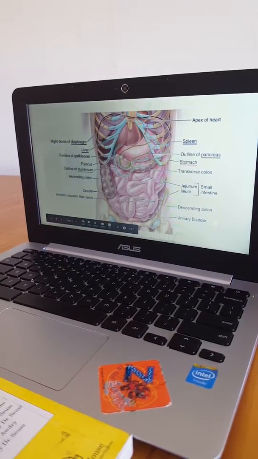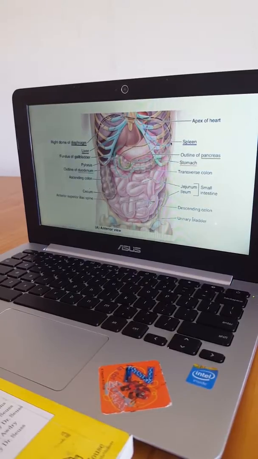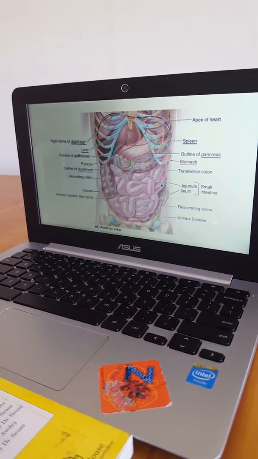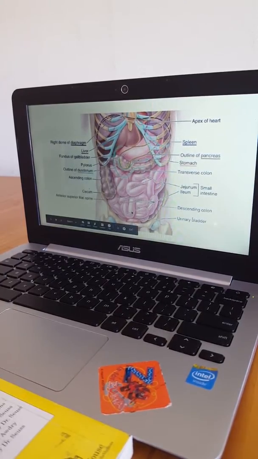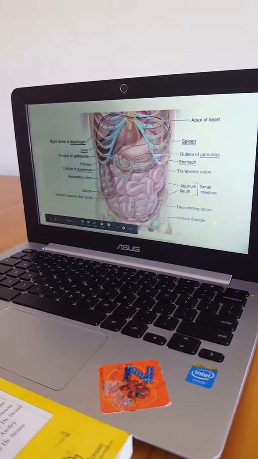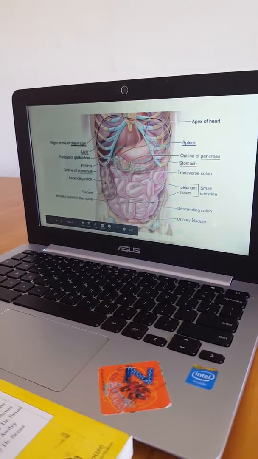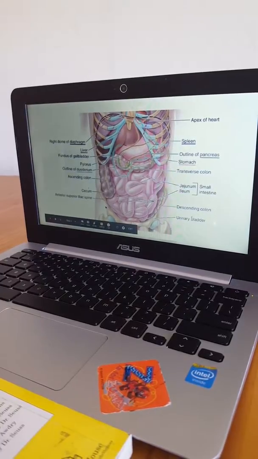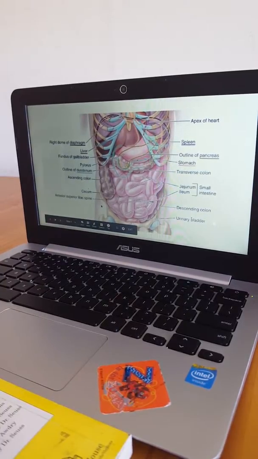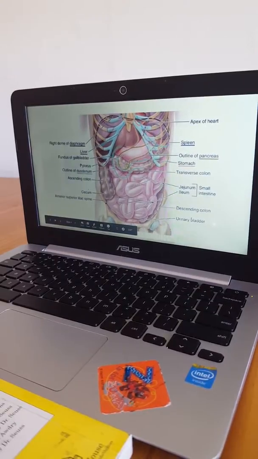So this part is right hypochondrium, epigastrium, left hypochondrium, left lumbar quadrant, then hypogastrium, because it is below the stomach, and then right lumbar quadrant, and then this is near the ilium of the bone.